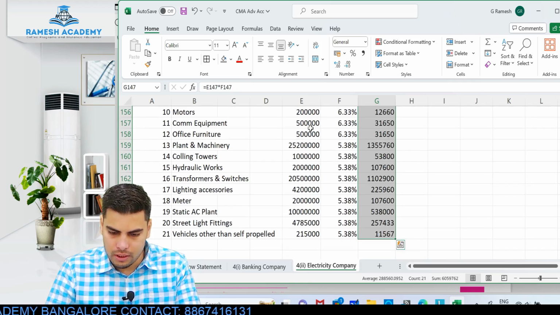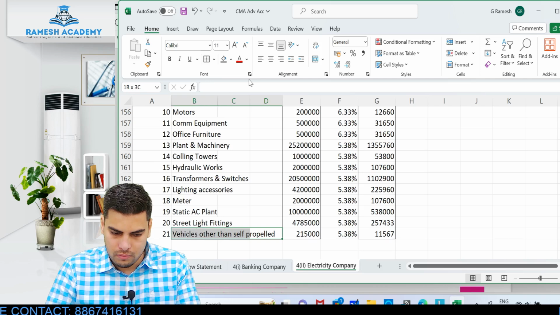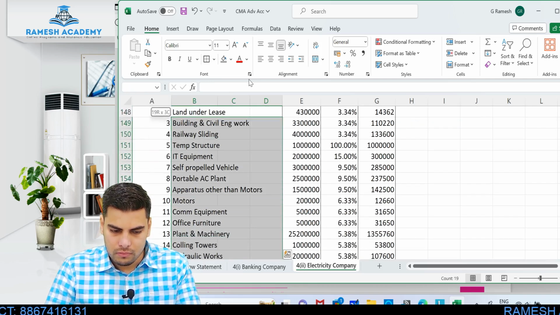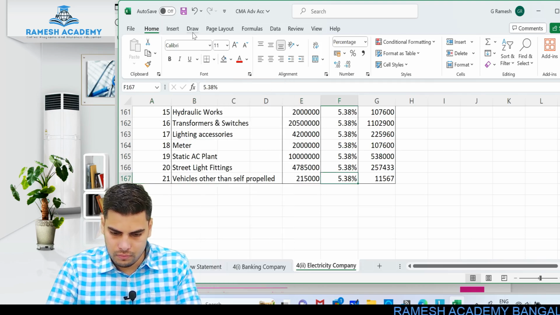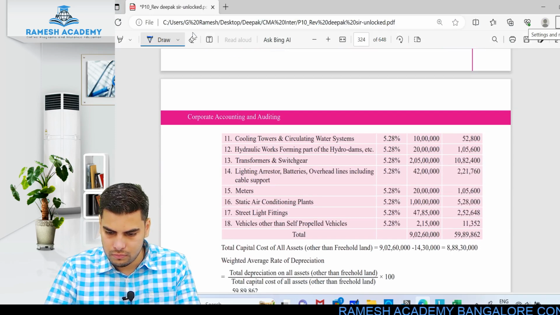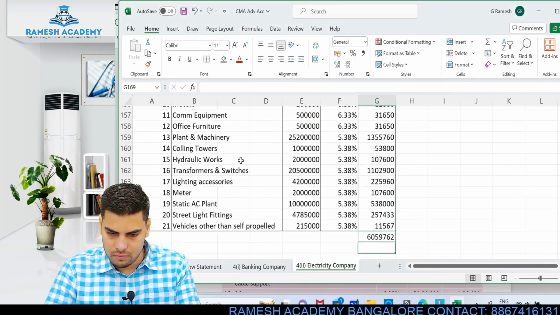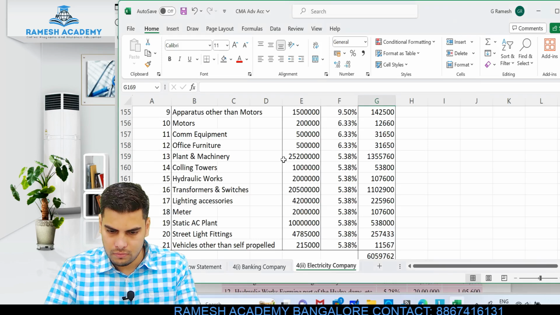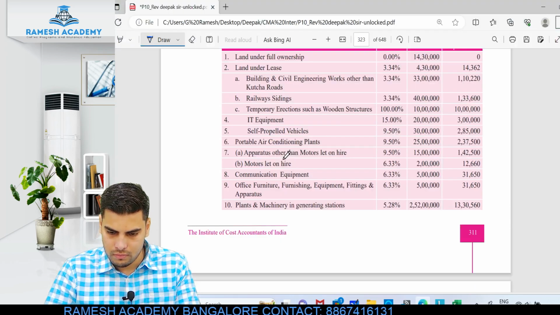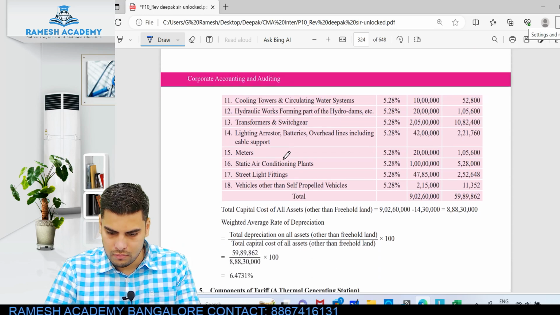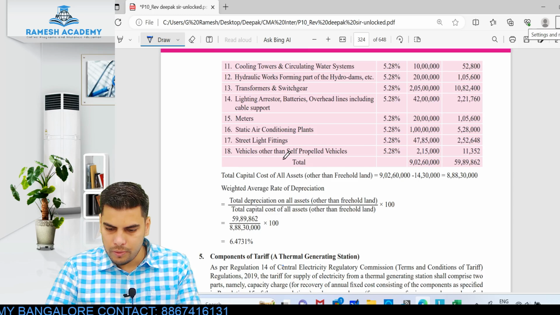Let's see how much is the total depreciation which we get. All right, so this would be the amount of depreciation.